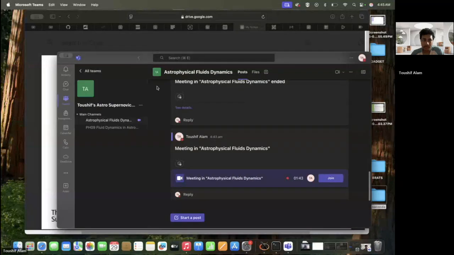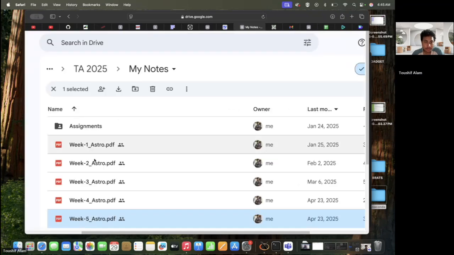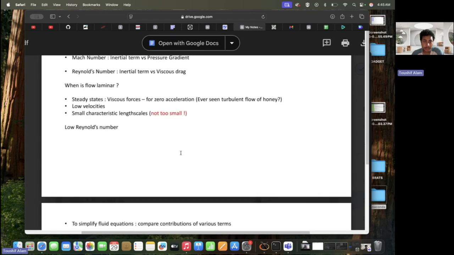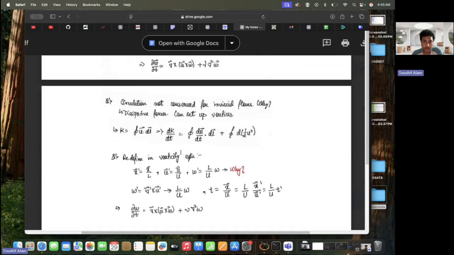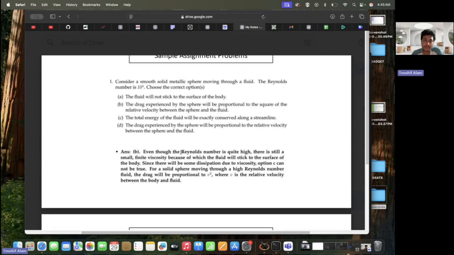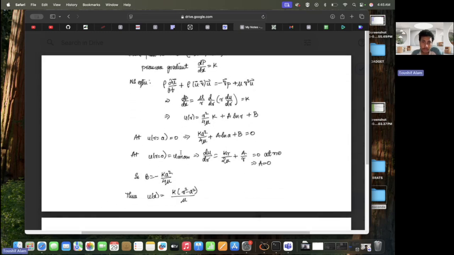Let me share my screen. These are from last time. I have mentioned the Reynolds number and the vorticity equations and all. These are some of them.